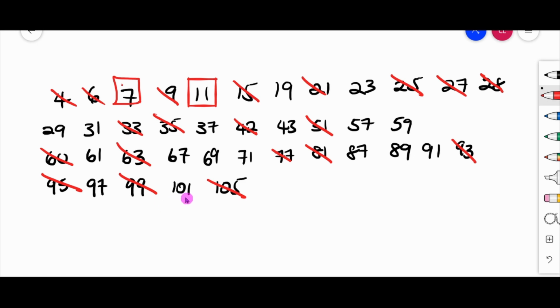Let's go to the multiples of 13. So we're going to keep our 13 if it's there. Yes, 13 is there.